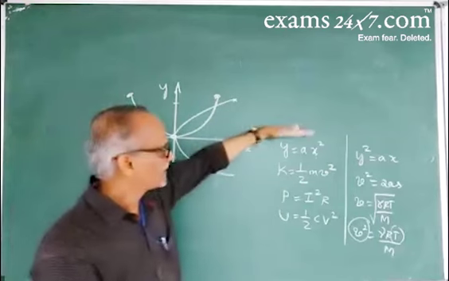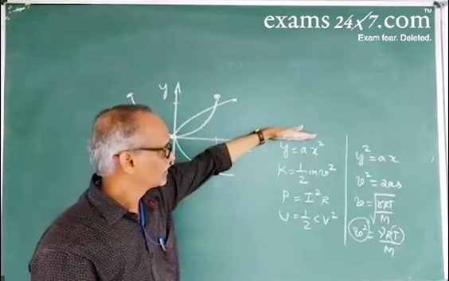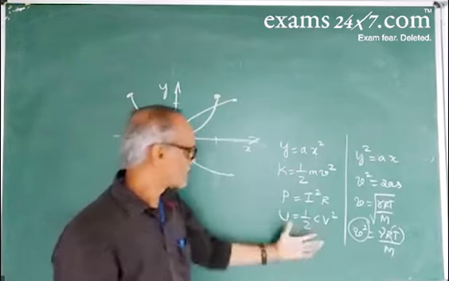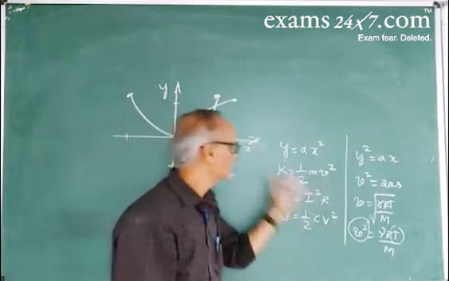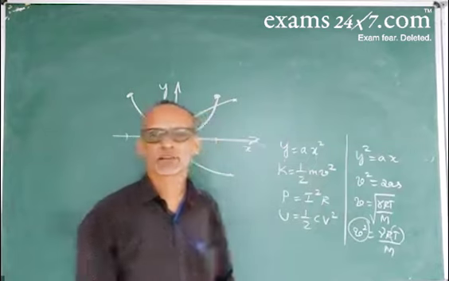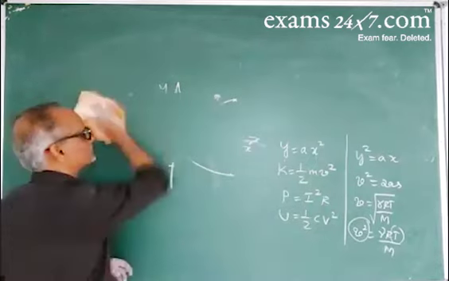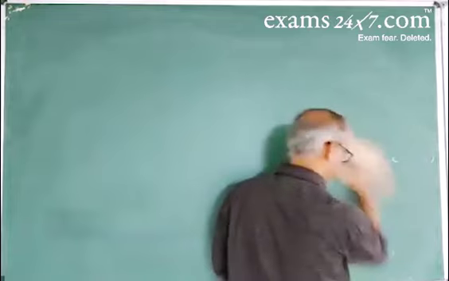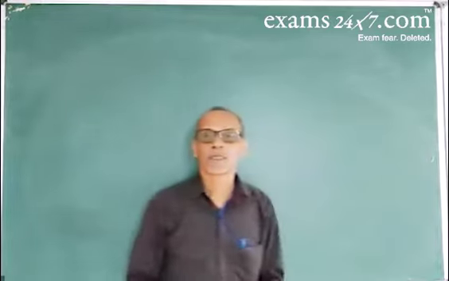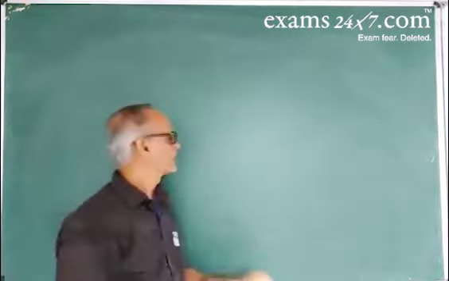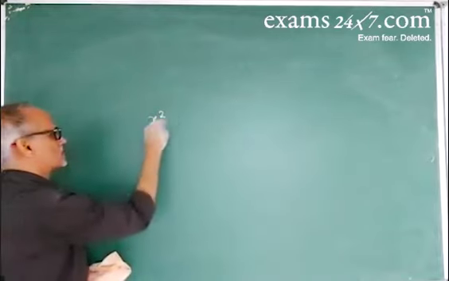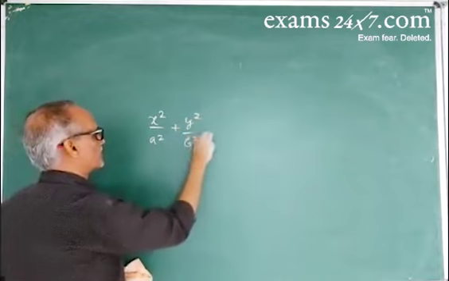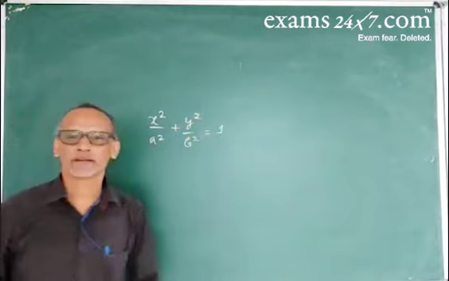So compare the equation of the parabola or the straight line with that of the equation, so you can understand the nature of the graph very, very easily. So we have learned parabola, we have learned straight line. Suppose the equation is of the format x square by a square plus y square by b square is equal to 1, then it is an ellipse.